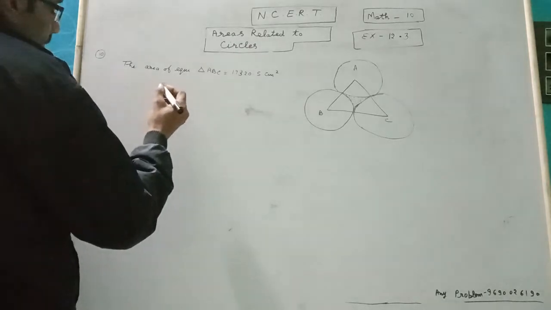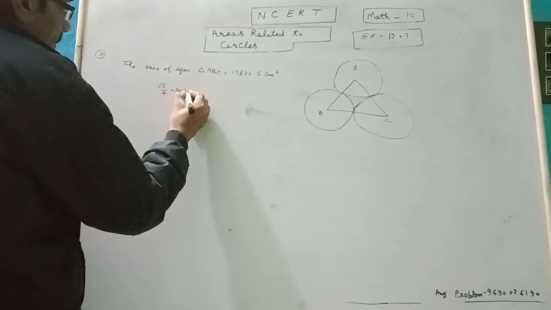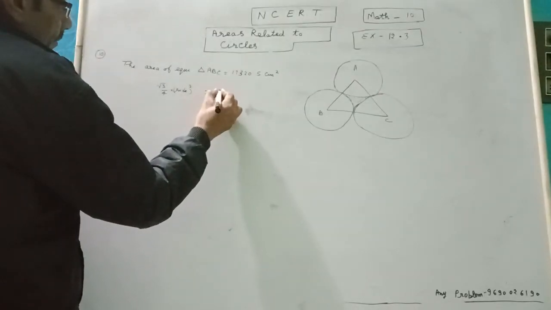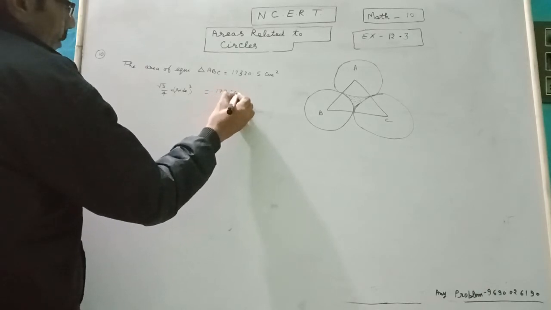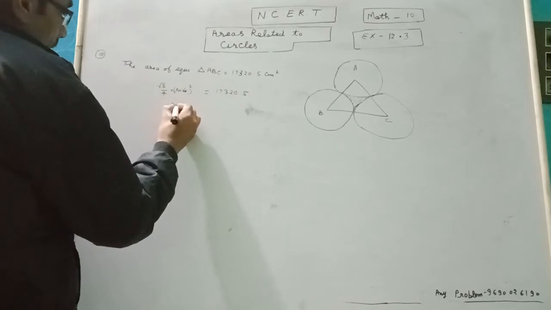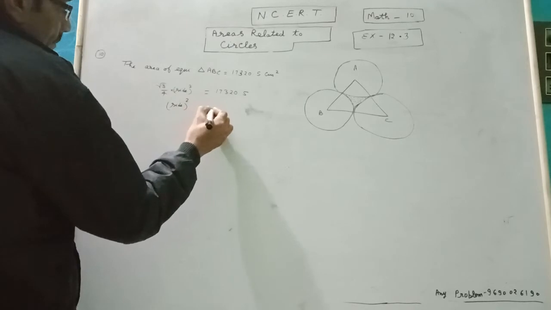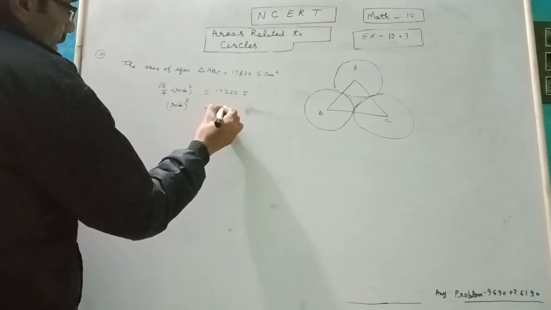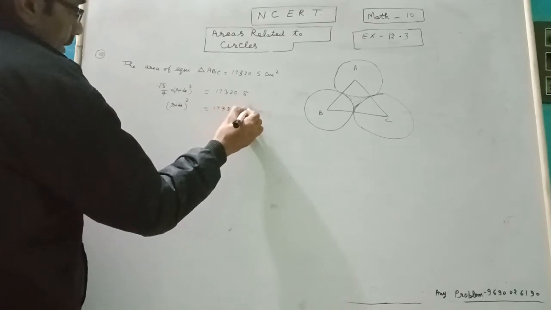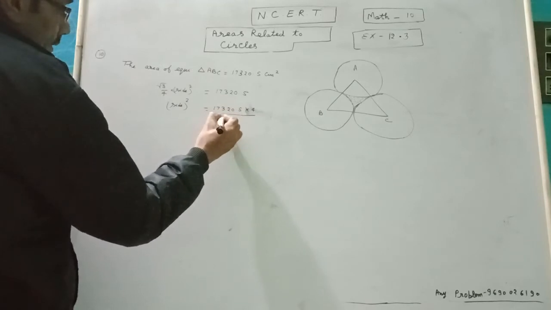Root 3 into side square over 4 is the formula of the equilateral triangle, 17320.5. Side square is equal to 17320.5 into 4 upon root 3.